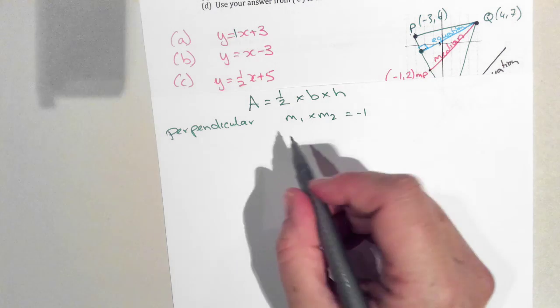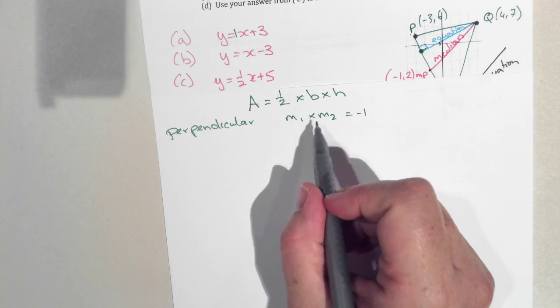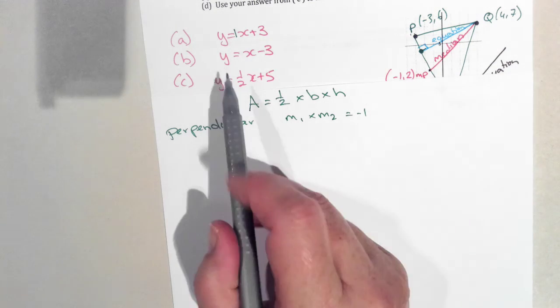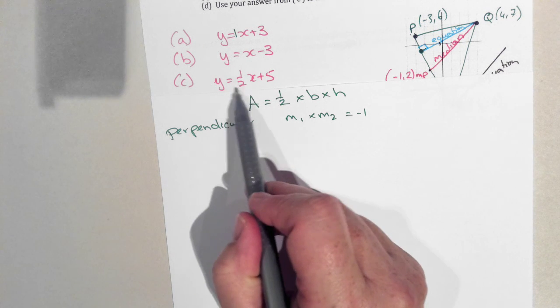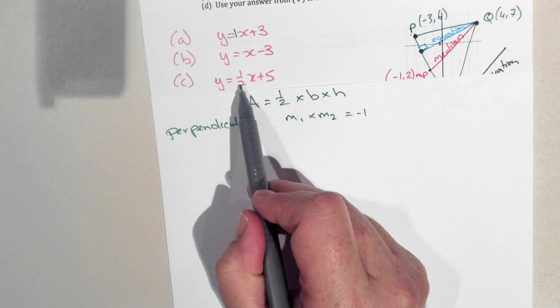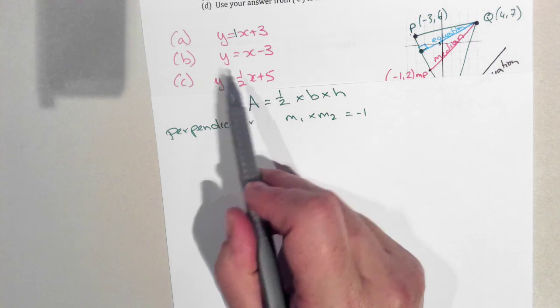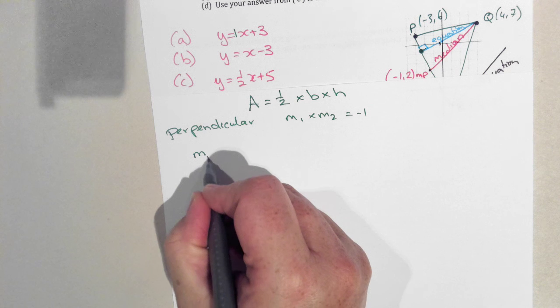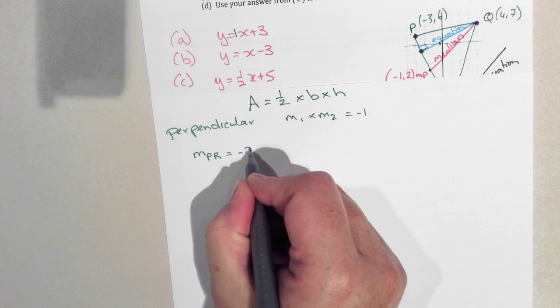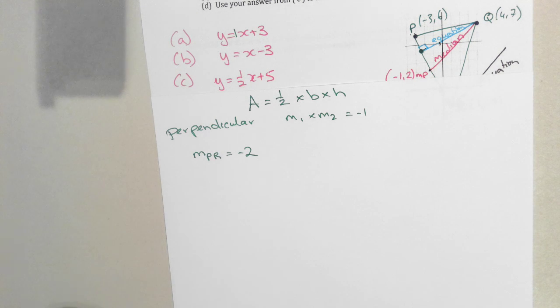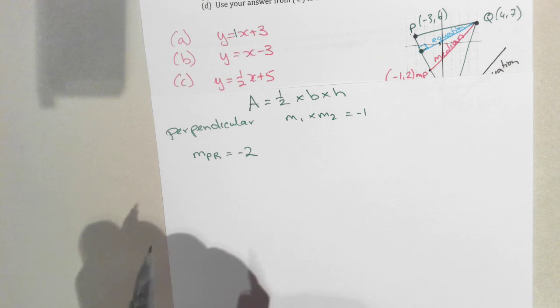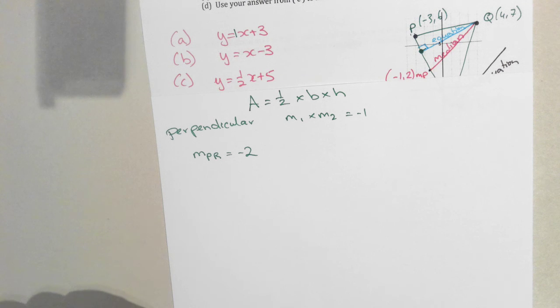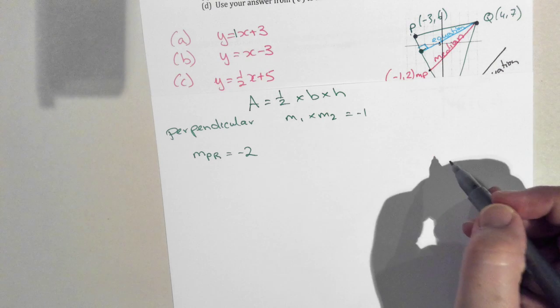Or equally, one of the gradients is the negative reciprocal of the other. So if this gradient here is a half, then the negative reciprocal of a half must be -2. So I know the gradient of the line PR is equal to -2. I think we've actually calculated that before. So we've got our gradient for our line PR.